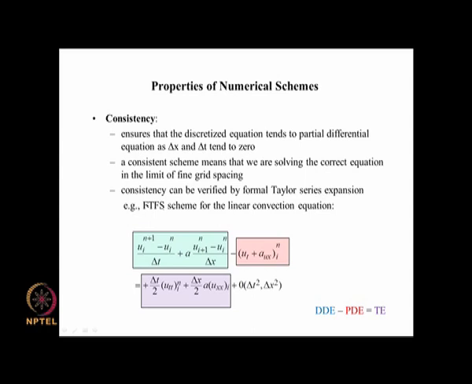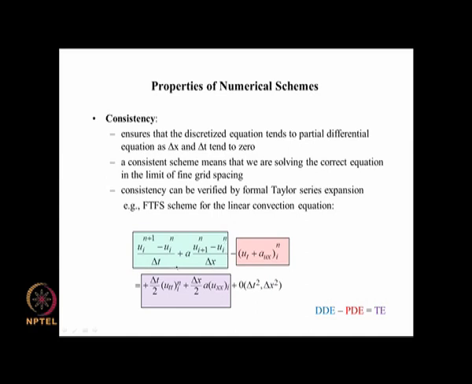For example, for the FTFS scheme for the linear convection equation, which is dou u by dou t plus a dou u by dou x, there is a small mistake here, u should be here, it is not a subscript. Now, the evaluation of this part of the PDE at i and n is made using the FTFS scheme in this way, that is u i n plus 1 minus u i n by delta t, which makes it forward in time, plus a times forward in space, u i plus 1 minus u i divided by delta x, both at n.